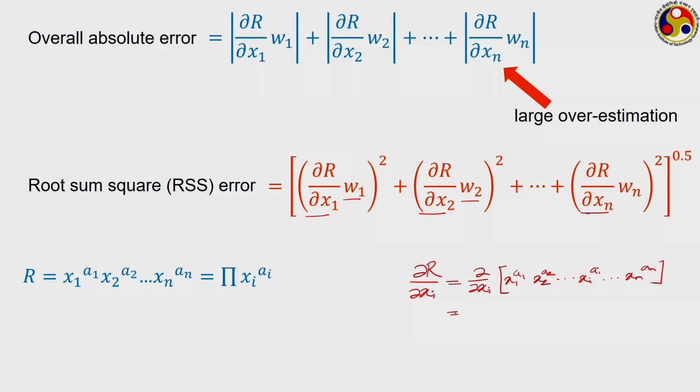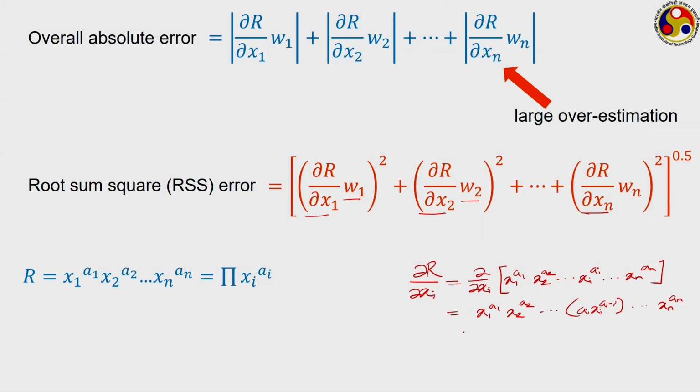So if we get this product, then we are going to get x1 to the power a1, x2 to the power a2, dot ai, xi to the power ai minus 1, xn to the power an, because all the x variables are input quantities and they are independent of each other.